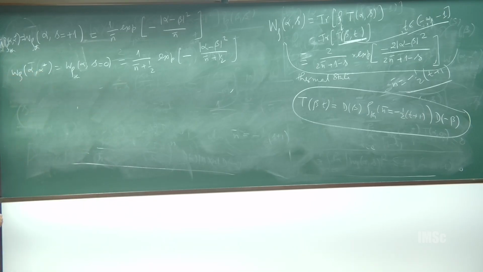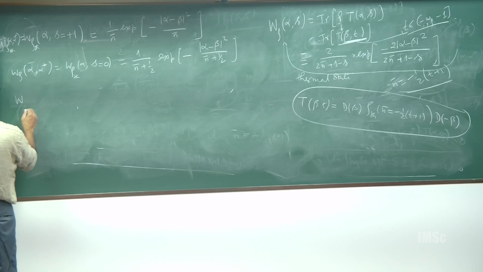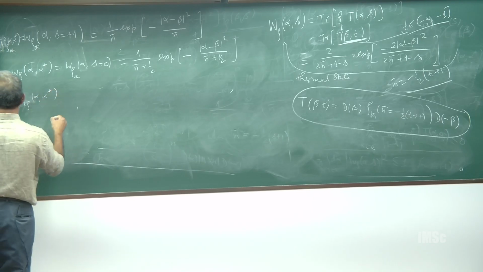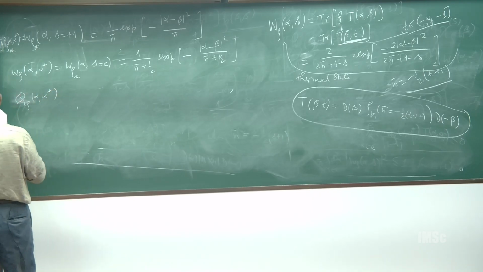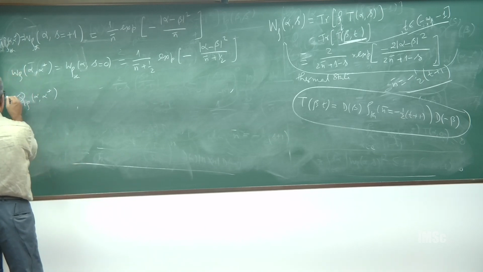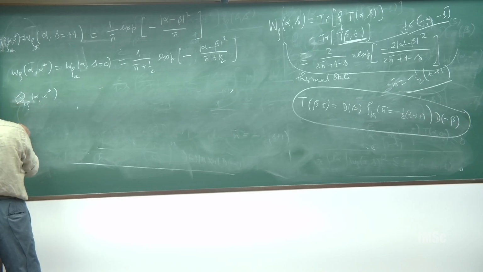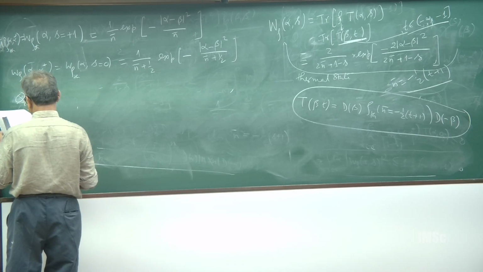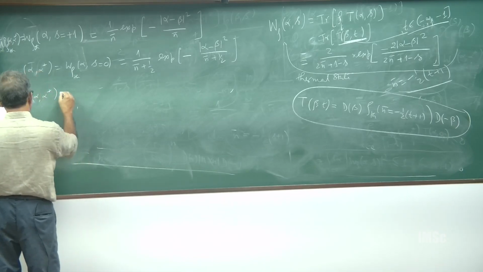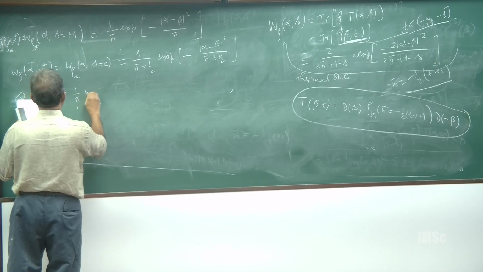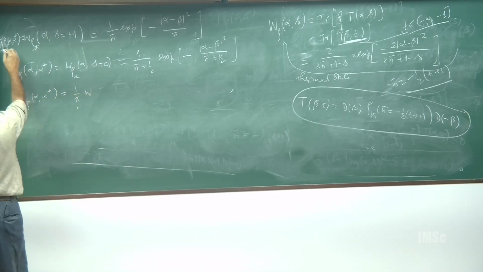And finally, the Q of rho of alpha, alpha star. Maybe I will just write this is equal to 1 upon pi W. See, there is some problem with these factors.